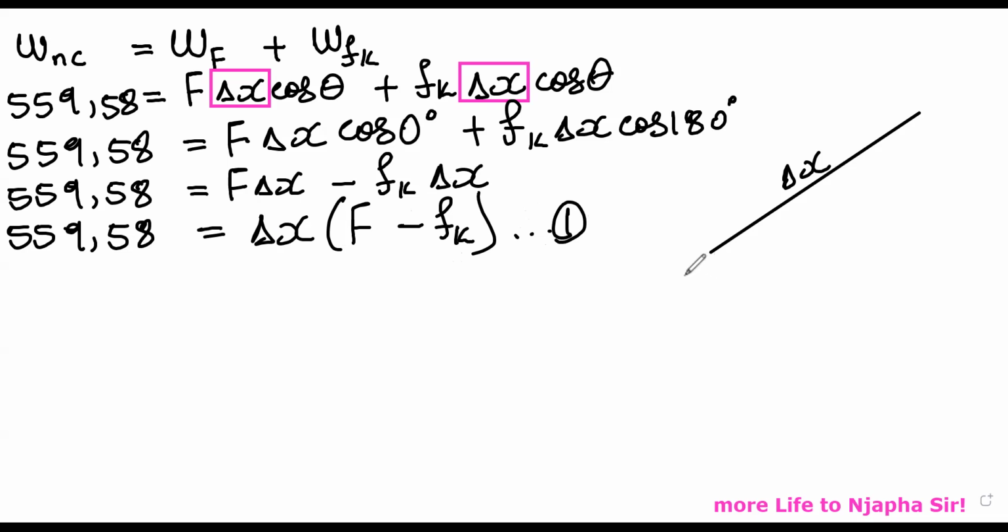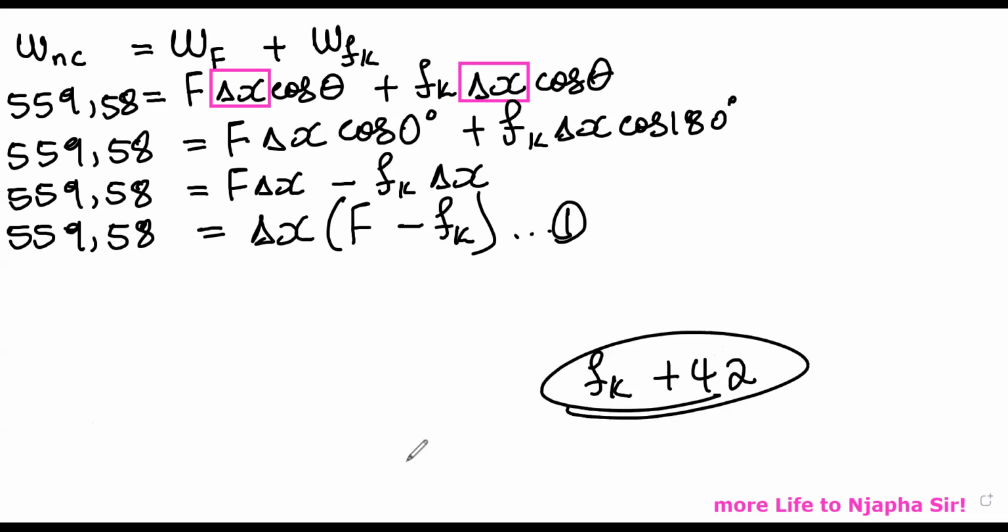Then where do we get the second equation? Well, they said to us when this block is moving on the horizontal surface, the frictional force that it experiences will actually be 42 newtons larger than what it was on the inclined plane. And of course, larger than means on top of the existing frictional force, we add 42.